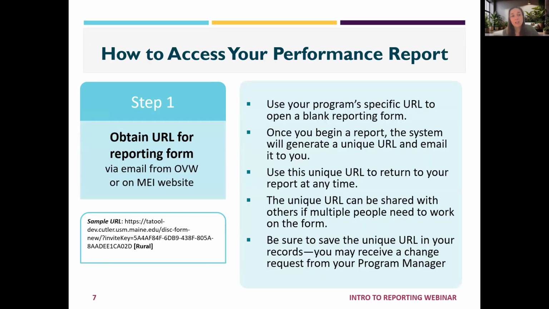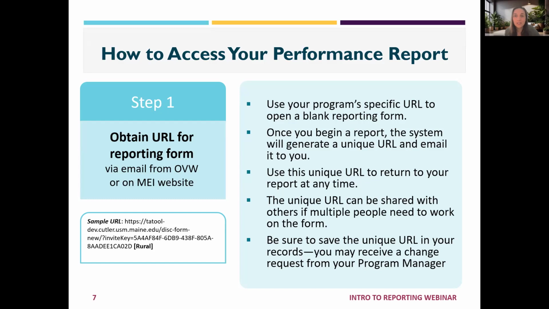As I mentioned, you hopefully receive an email from your OVW program manager or from the OVW PAIR unit with the link to a blank reporting form for the type of grant you need to submit a report for. Some agencies will need to fill out multiple reports depending on how many grant awards you have.